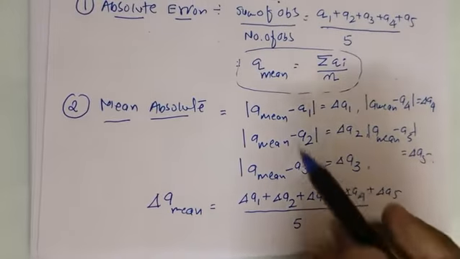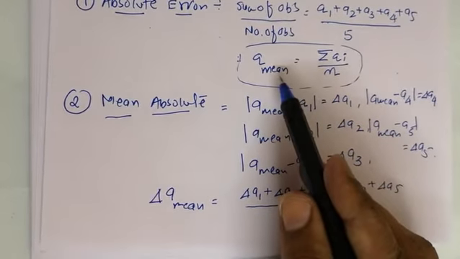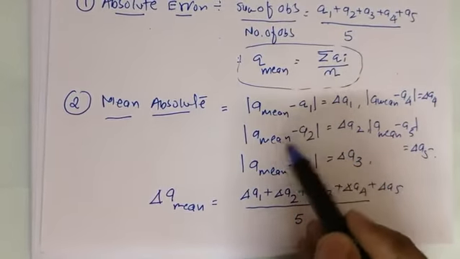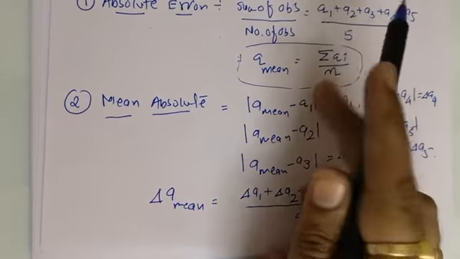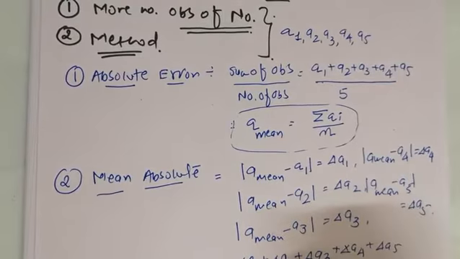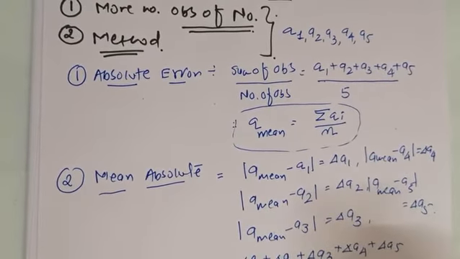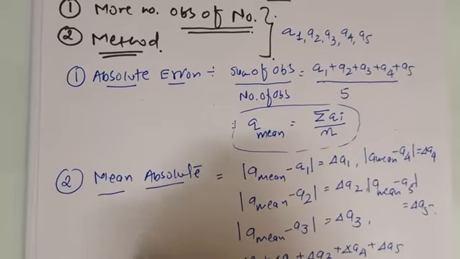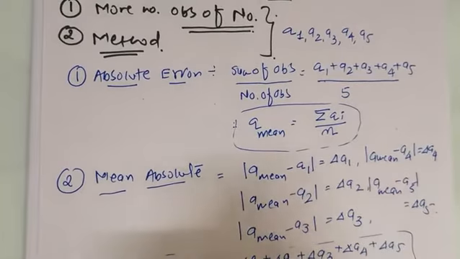So what I did is take my previous expression of the mean and subtract all my observations, which gives me some answer that must be positive. So the sum of all divided by the number of observations will be my delta A mean.